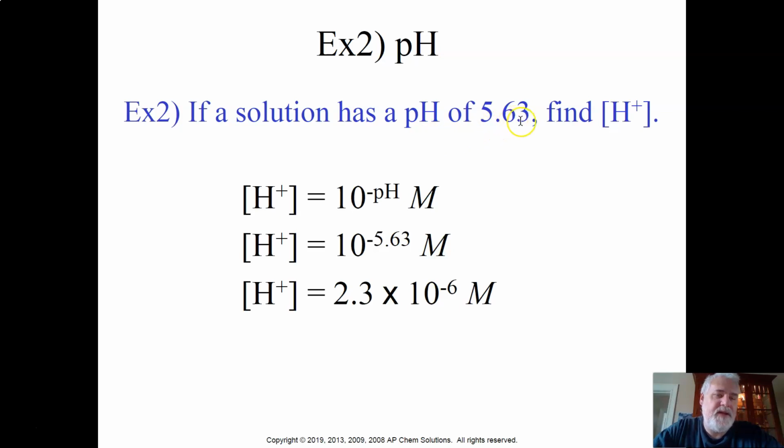So if you want to know how many sig figs 5.63 has as a pH, the answer is 2. These are the ones that are significant, it's the place value. It has to do with the math of logarithms, but that's 2 sig figs. So that's why they rounded the answer to 2.3 times 10 to the minus 6. And you notice this power of 10 will always be really close to that concentration right there.